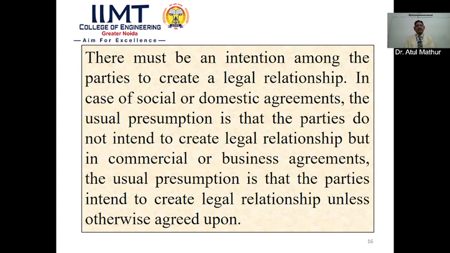There must be an intention among the parties to create a legal relationship. In case of social or domestic agreements, the usual presumption is that the parties do not intend to create a legal relationship. But in commercial or business agreements, the usual presumption is that the parties intend to create a legal relationship unless otherwise agreed upon.